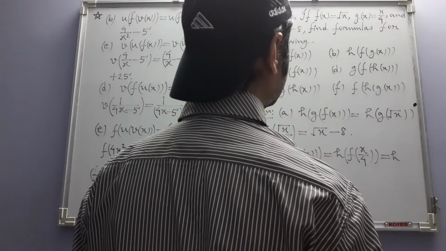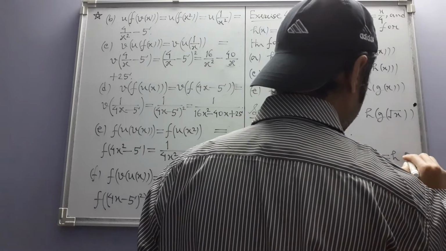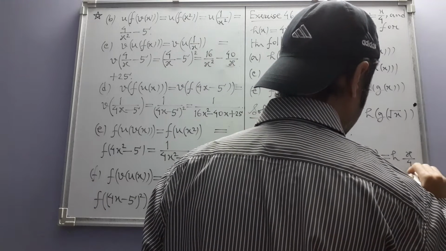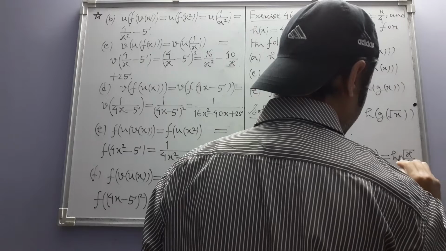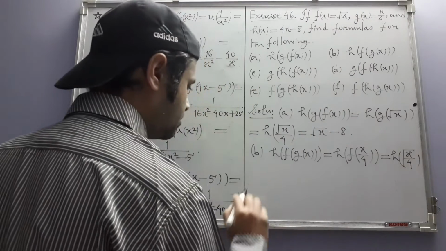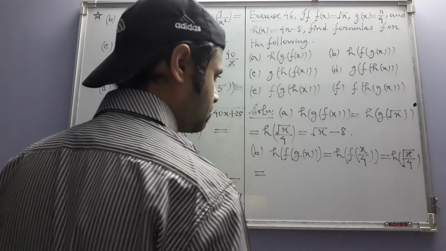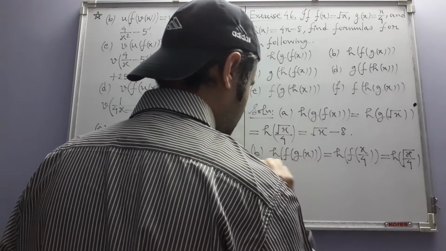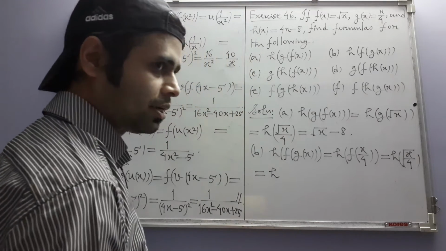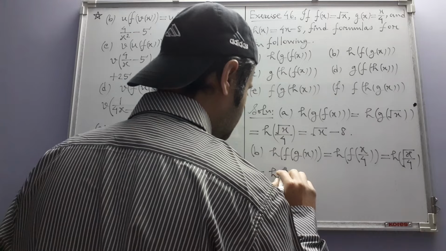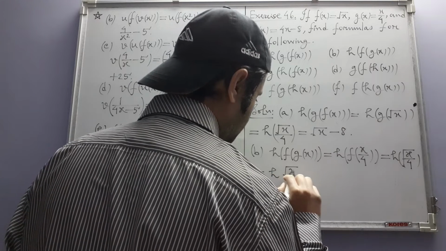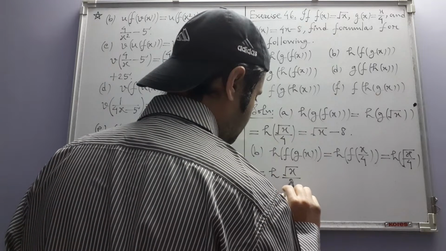Then f, so this time we have to take the square root of this, square root of x divided by 4. Now square root of x divided by 4 is square root of x divided by 2.